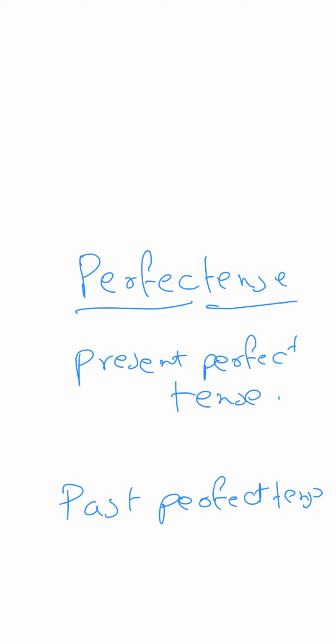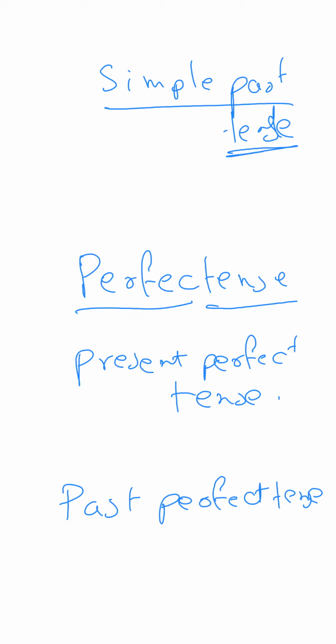Again, guys, you don't need to remember the names of these, but it's good to have some reference. And then simple past tense is not perfect tense, guys. Simple past tense is just simple past tense, like Mary went to the market and the simultaneous events.